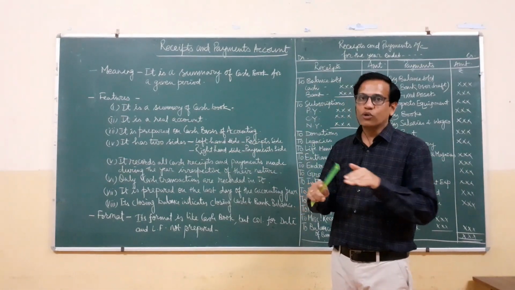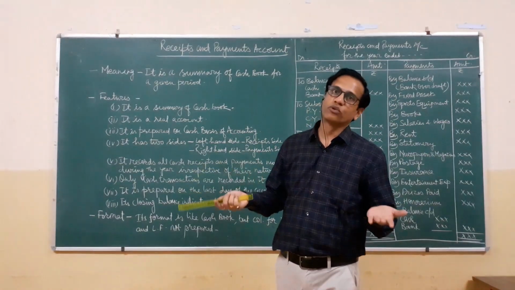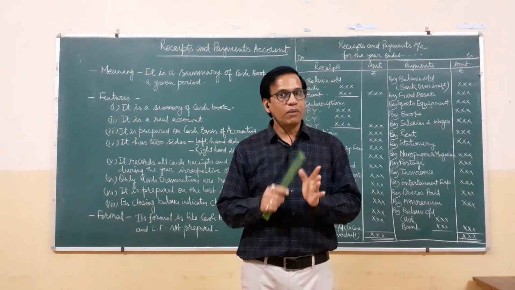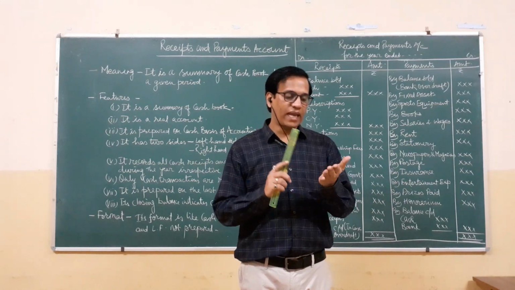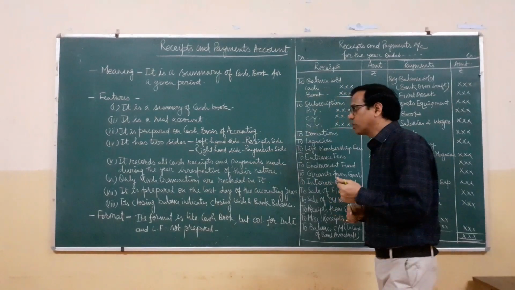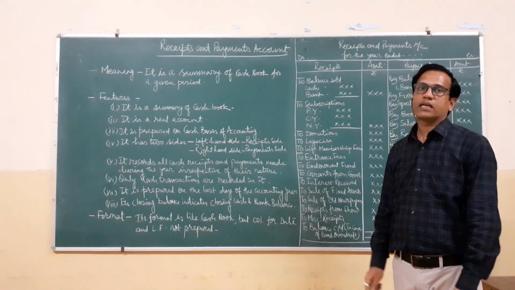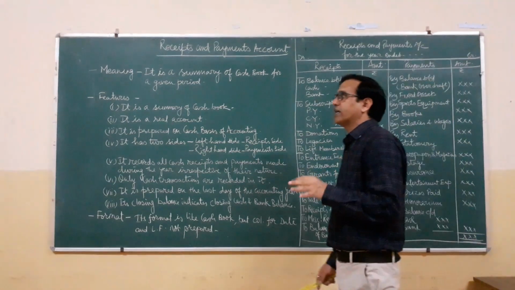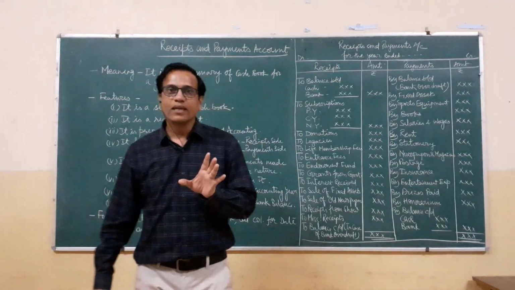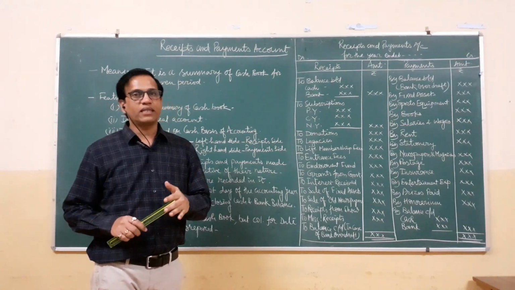whether they belong to this year or they belong to previous year or they belong to next year. But simply we have to see while preparing it that cash comes in and cash goes out. That we record here. It is prepared on the last date of accounting year. That means it is one of the financial statements of the not-for-profit organizations, and it is prepared only at the end of the year.